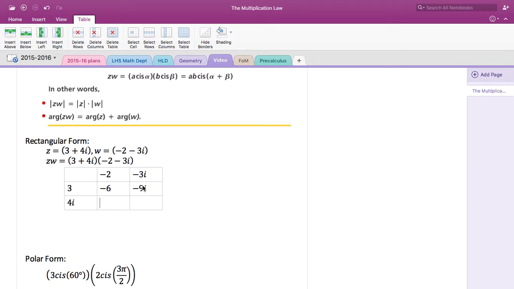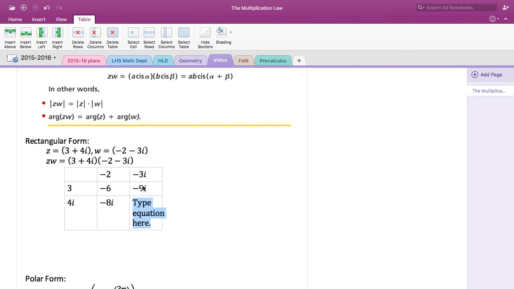Bottom middle box, we have 4i times negative 2, which is negative 8i. And the bottom right box, we have 4i times negative 3i, which is negative 12i squared. But we know i squared is negative 1, so negative 12 times negative 1 is just 12.